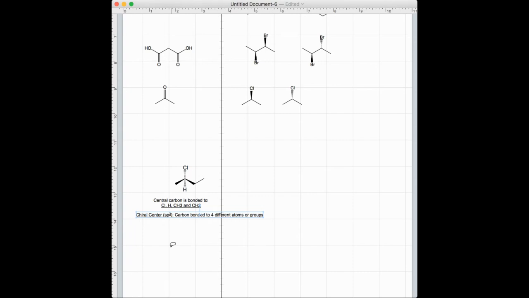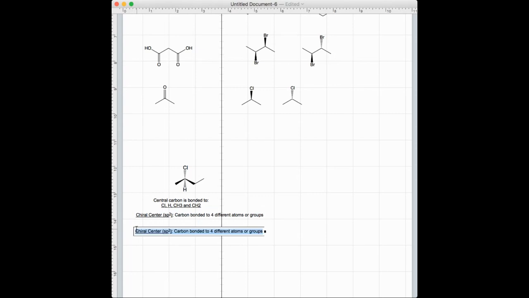So one thing that is really important for you is, in addition to finding elements of symmetry, I'm going to give you an extra tool to assign chirality, and it is the following.